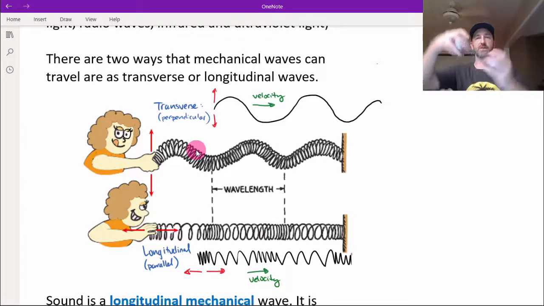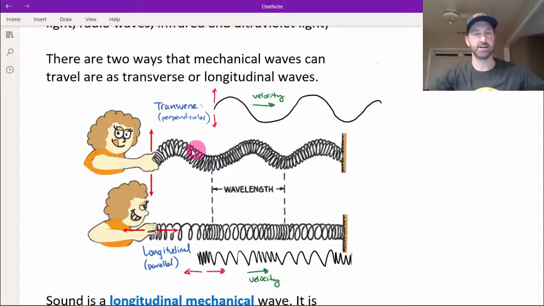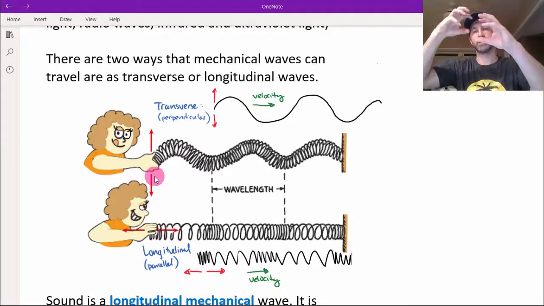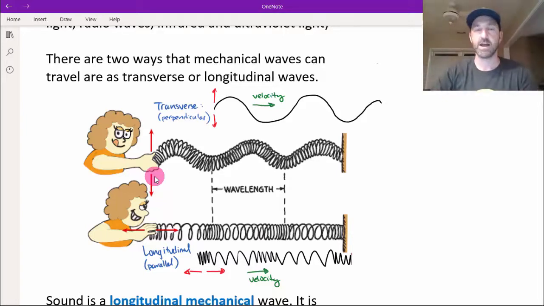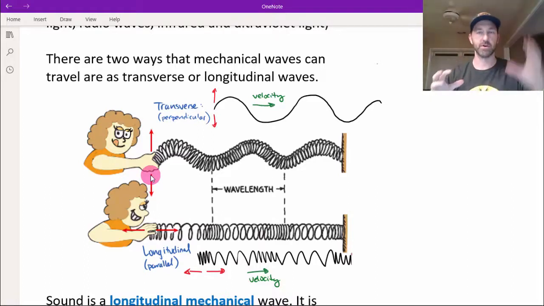If we were in the classroom, we would have this slinky here, and I would show that if I give it a ripple, you can see over a long distance, if I give it a displacement, maybe up and down, that as I move one part of the slinky up, it's going to stretch the part next to it with it, and it's always going to trail behind whatever I'm doing because the slinky's kind of slinky. And so as I move an up and down motion right here, the wave will travel away from me, but it'll replicate that up and down motion. Everything's going to vibrate up and down.